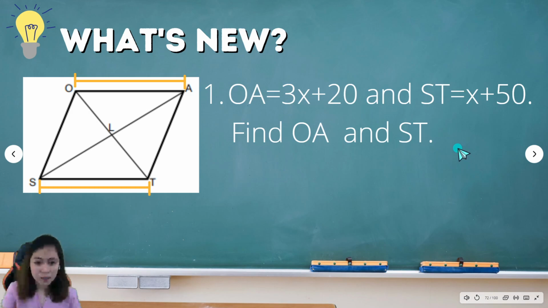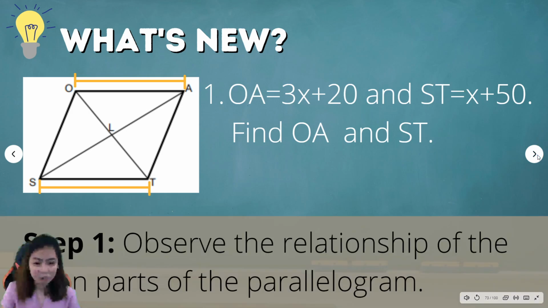We have OA equal to 3x plus 20 and ST equals x plus 50. Find the measure of OA and ST. As you can see in our illustration, we have here side OA and side ST. What is their relationship?